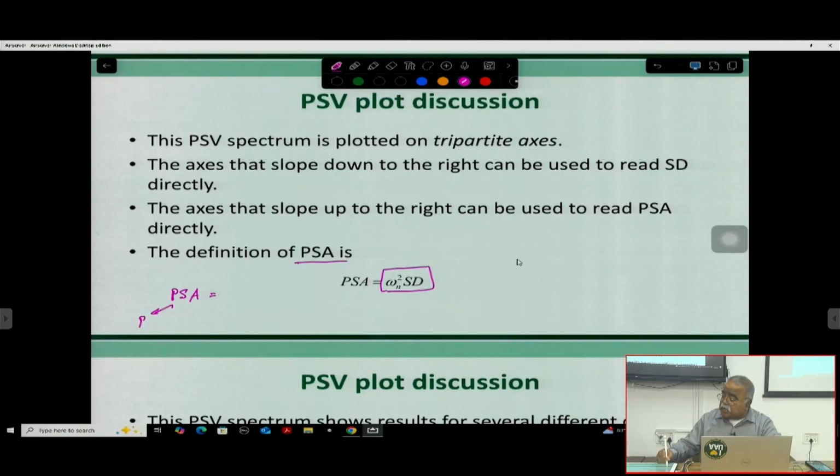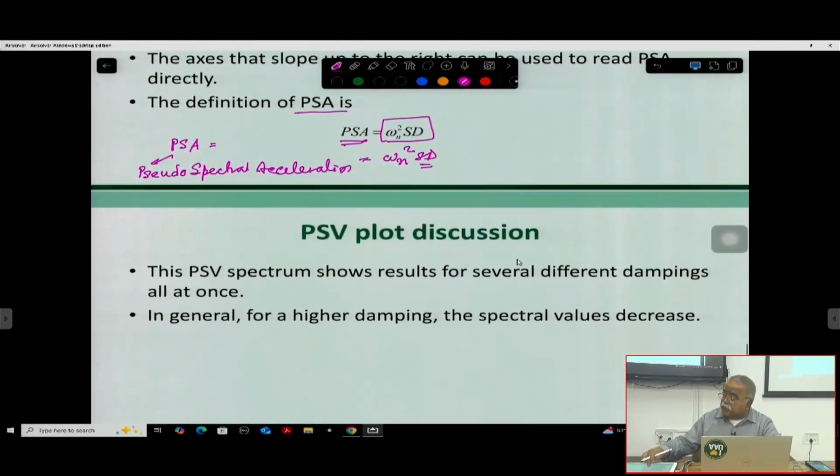We call it the pseudo spectral acceleration, the PSA. If you know the SD, multiply omega n squared with that SD value, and that will be the PSA. Since we have the SD at different frequencies, we can also plot the PSA at different frequencies.